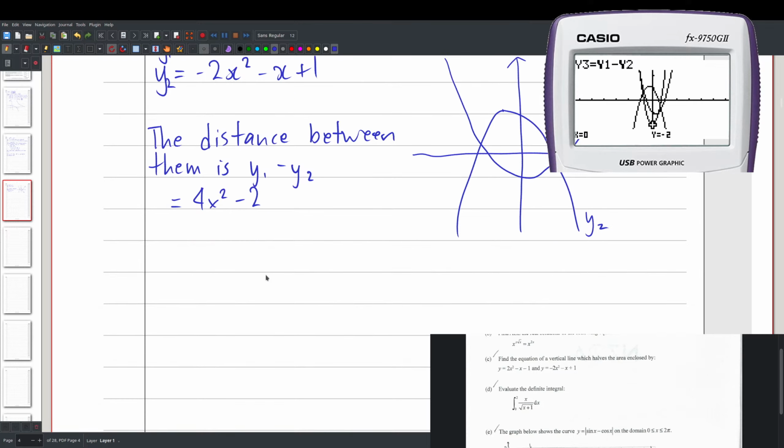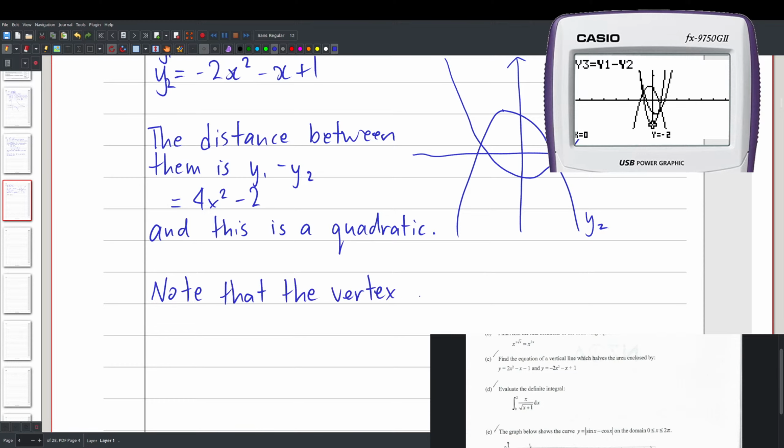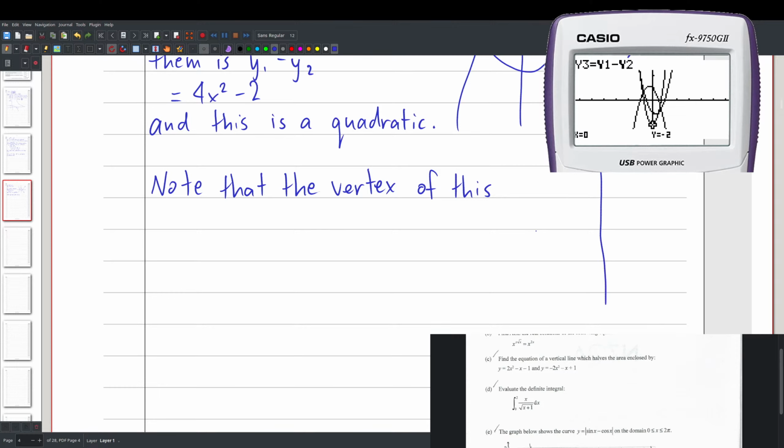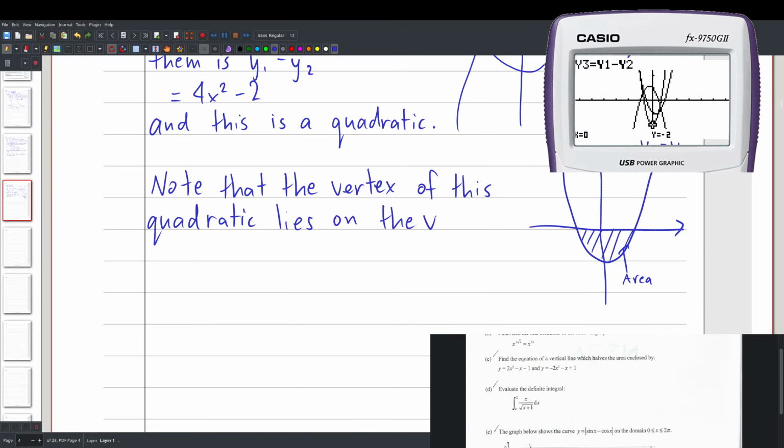And this is a parabola, right? This is a quadratic. Note that the vertex of this quadratic, and then this is the area, lies on the vertical line.